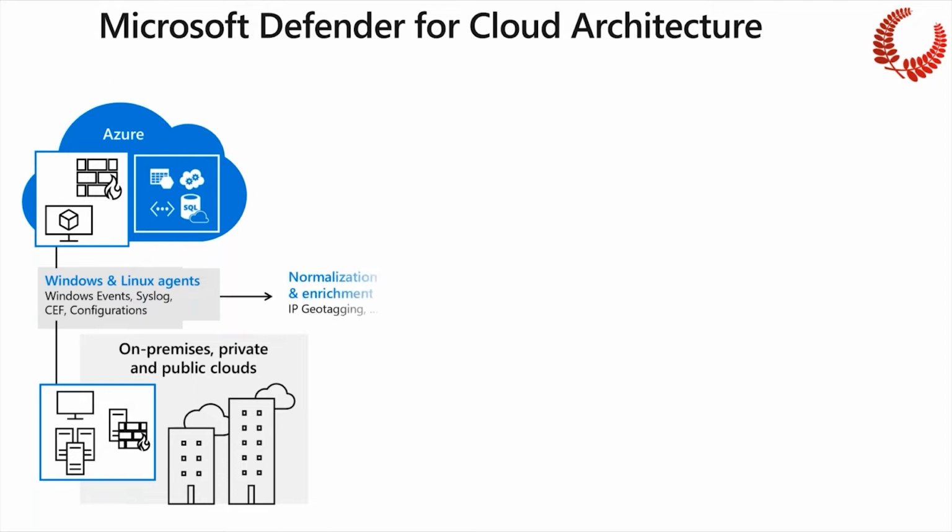Microsoft Defender for Cloud is capable of getting various data through different agents or different executables that we can install on these servers or on devices that can in turn send the data into the Azure Security Center, actually Microsoft Defender for Cloud, where we can then do something with the data.